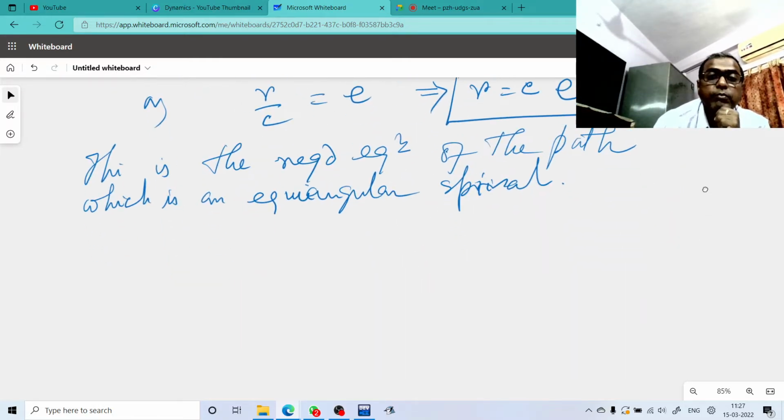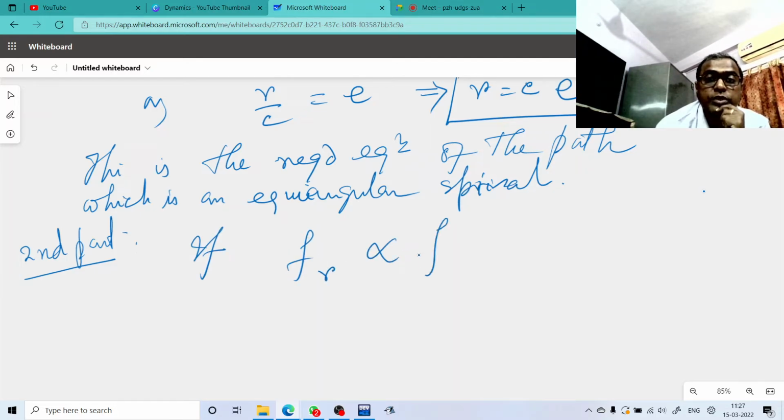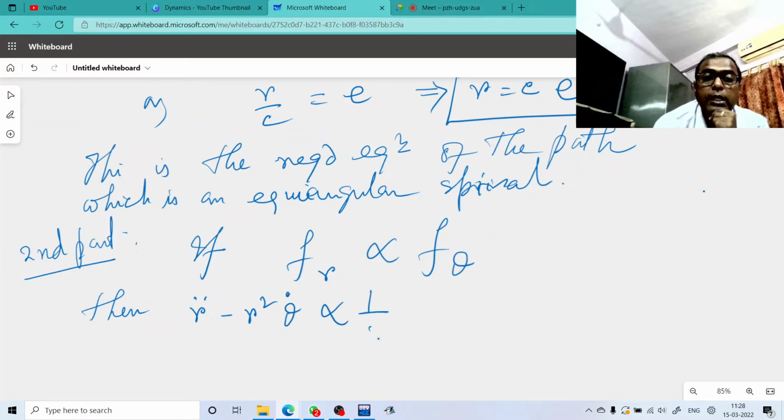Second part of this question, if radial acceleration varies as the cross radial acceleration, then Fr means r double dot minus r theta dot square, whereas F theta is 1 by r d/dt of r square theta dot.